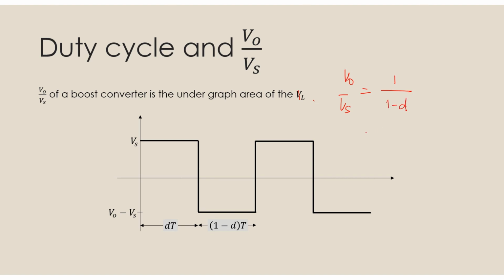You have to remember again, for every converter, the derivation of the duty cycle, or the ratio of the Vout divided by Vs, is always different. So make sure that you memorize the ratio of the Vout and the input voltage for each of the converters.